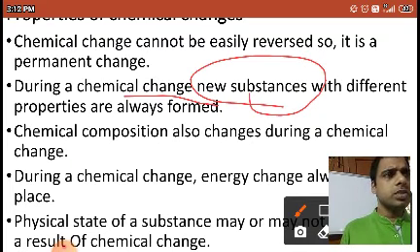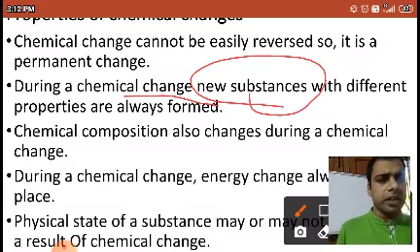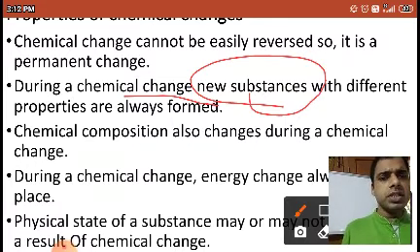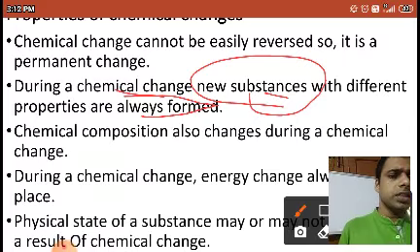Carbon dioxide is used to extinguish fire. But coal is used to produce fire. So the use is opposite. So during a chemical change, a new substance forms, carbon dioxide in that example, and it has new properties.